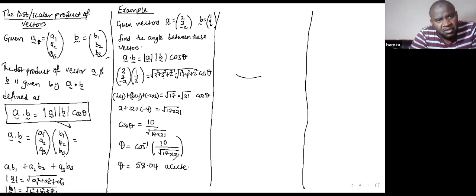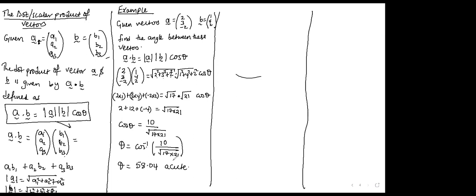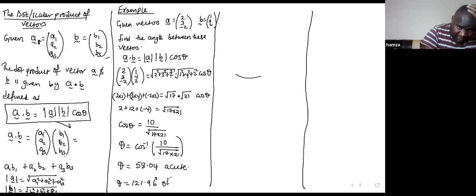They can ask you for obtuse. 180 minus 58.04. What do you get? You get 121.96. This is what? Obtuse. If they do not specify whether acute or obtuse, you give both acute and obtuse. If they specify, you give one.